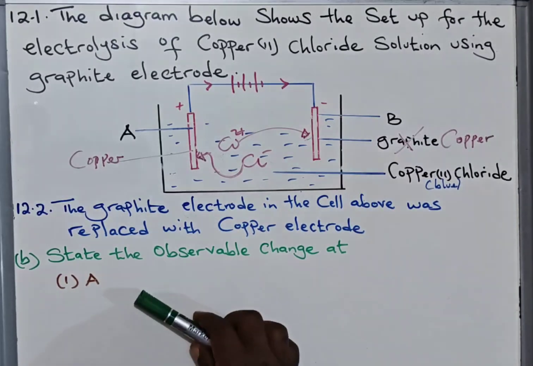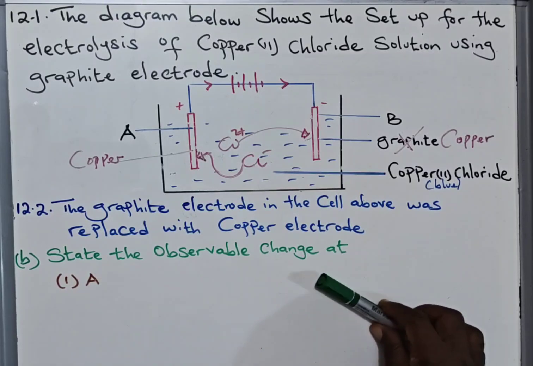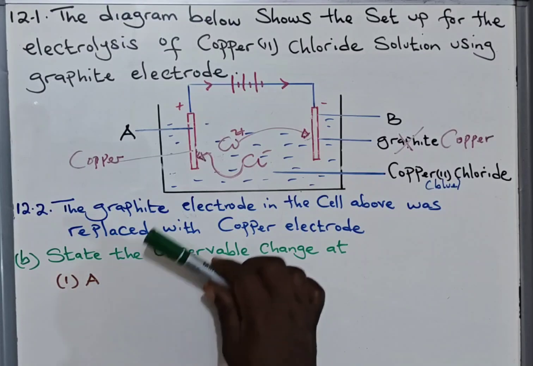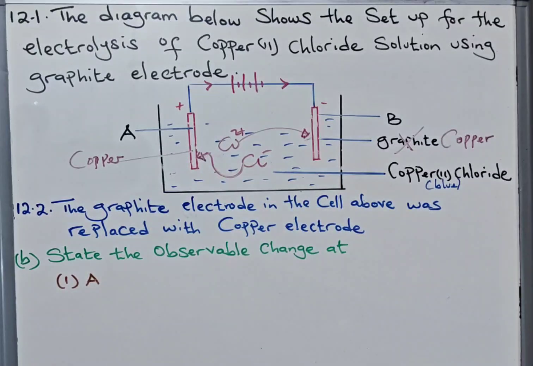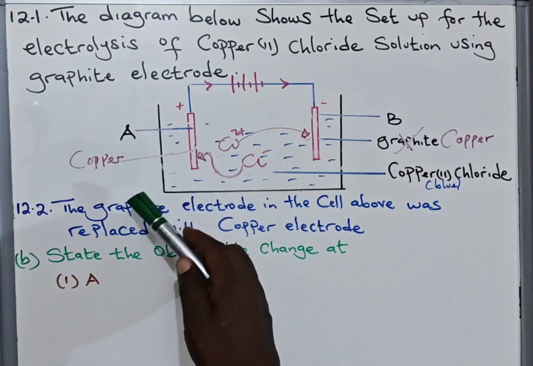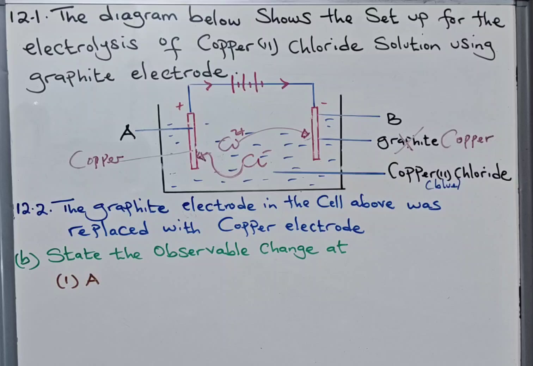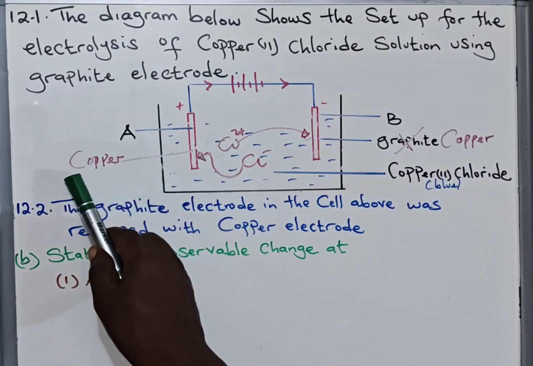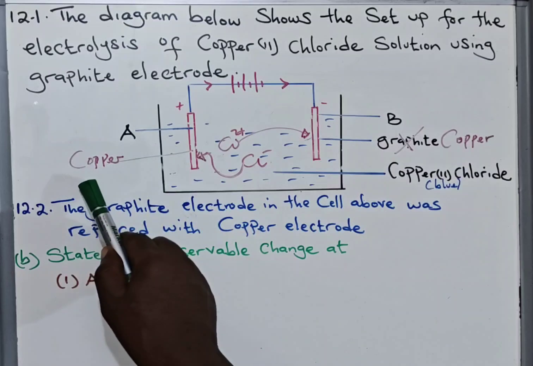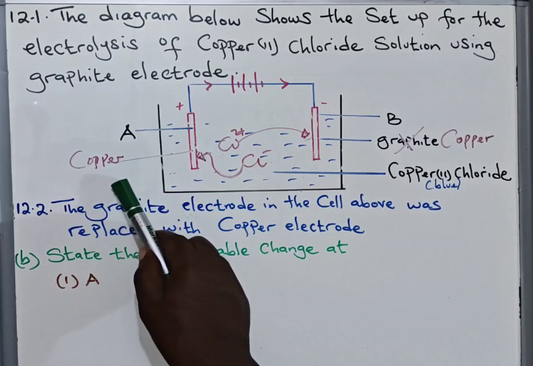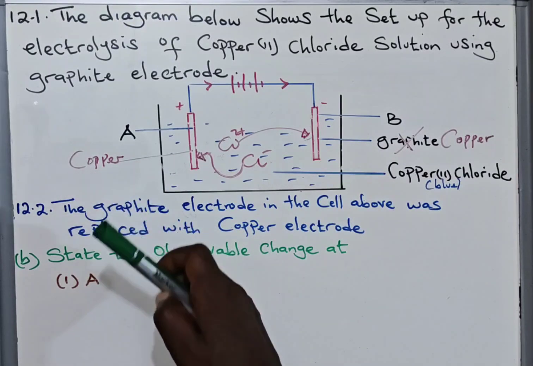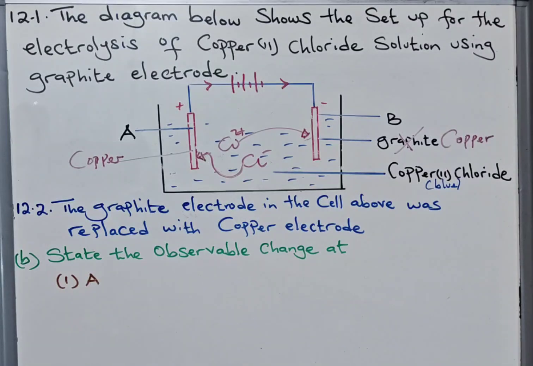Then we come to this one. It says that state the observable change at A. So this is A, which is anode, which is positive. So what happens at A? We observed that copper electrode underwent oxidation. Oxidation means that copper solid changes to copper ions. So this is the reaction which took place.